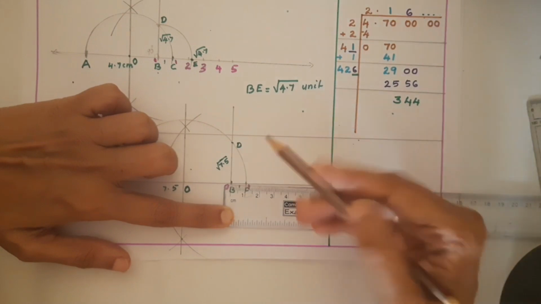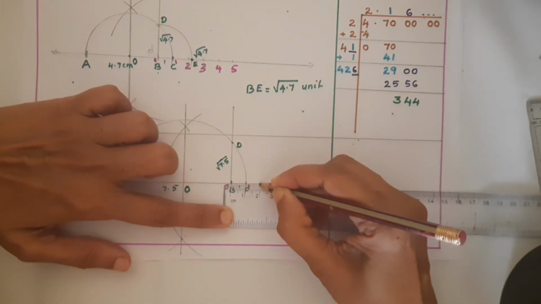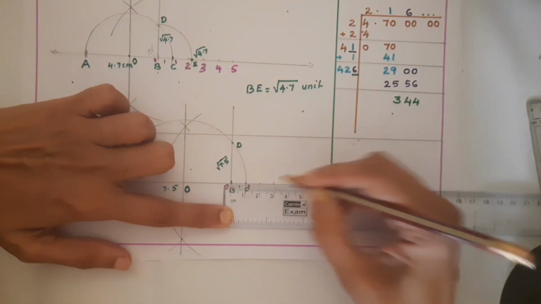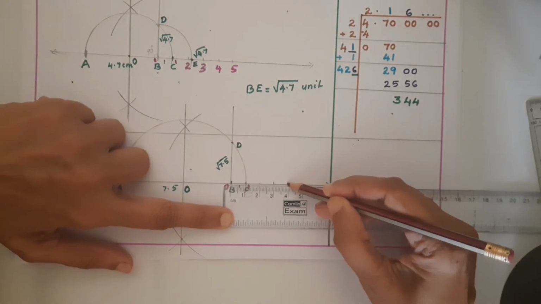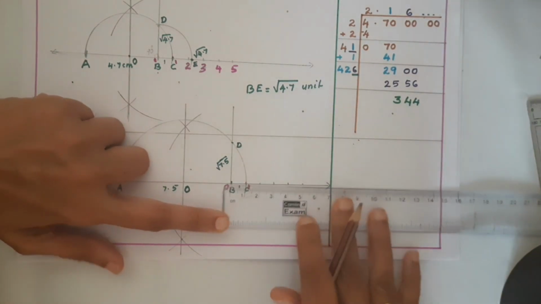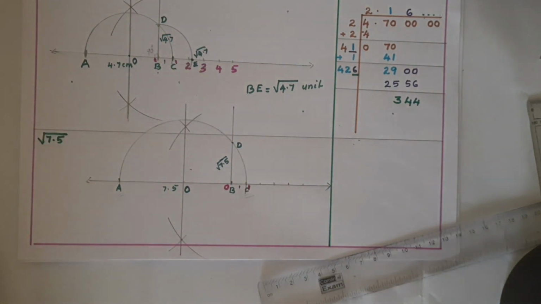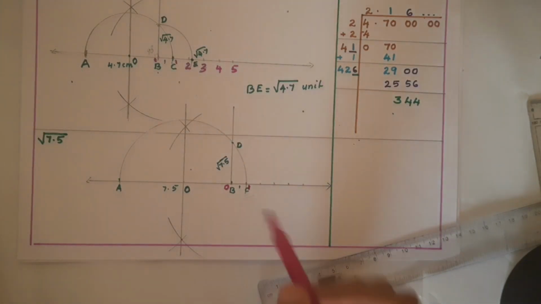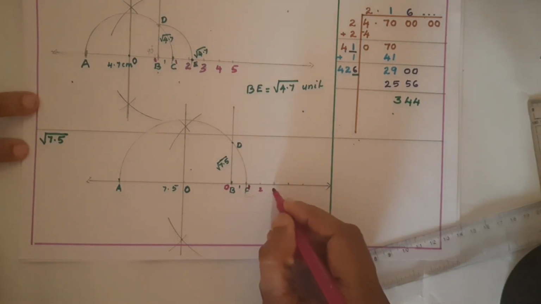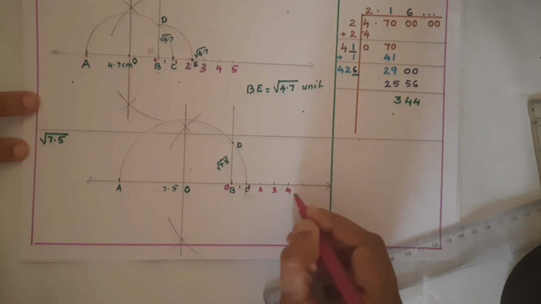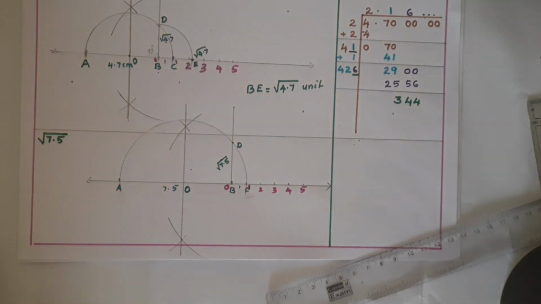Zero, 1, 2, 3, 4, 5, etc. So we marked 0, 1, and this is 2, this 3, this 4, this 5, etc. We got the number line.